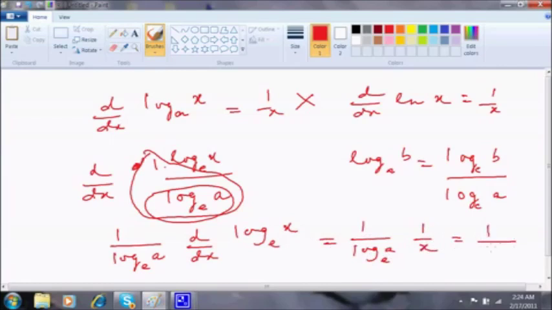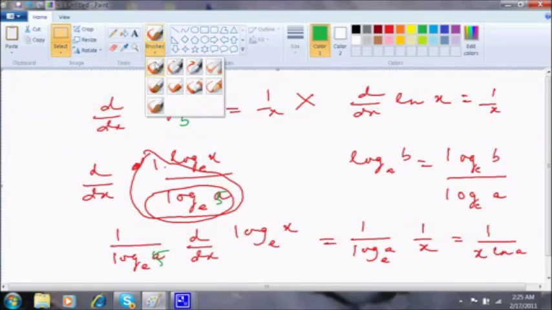A better way of writing this is 1 by x ln a. So the question can also give you log of x to base 5, so nothing changes, only the a becomes 5 and so on.